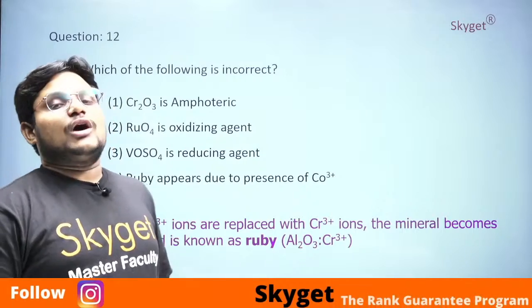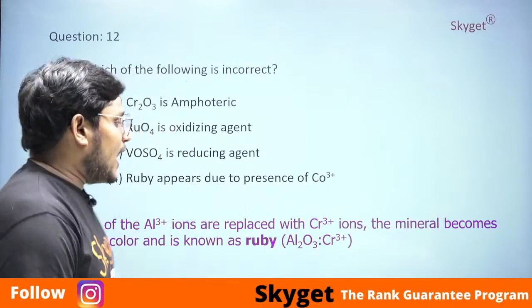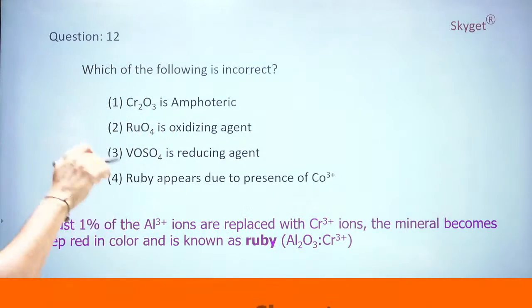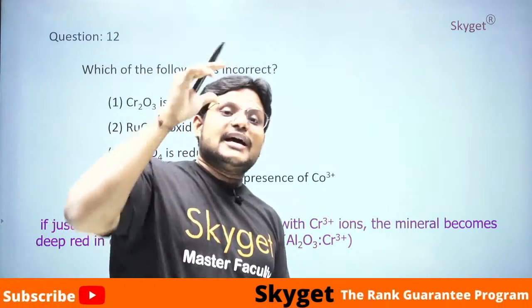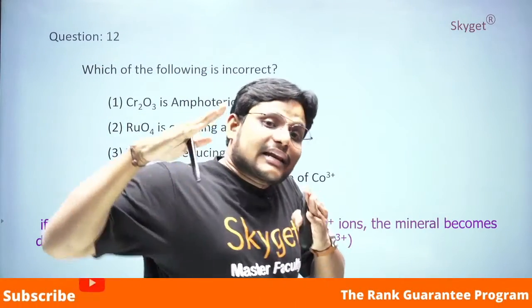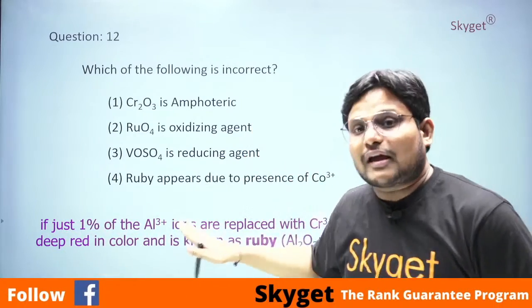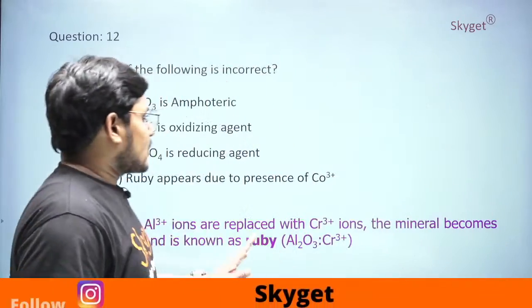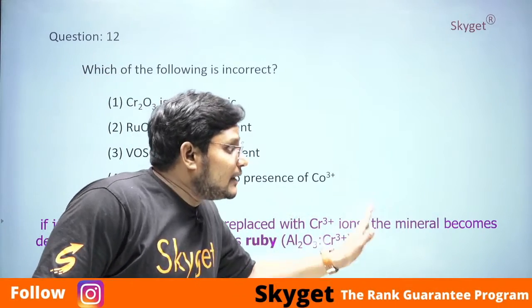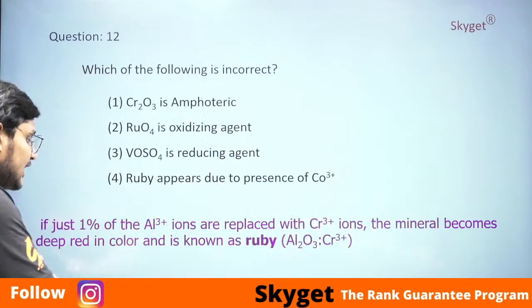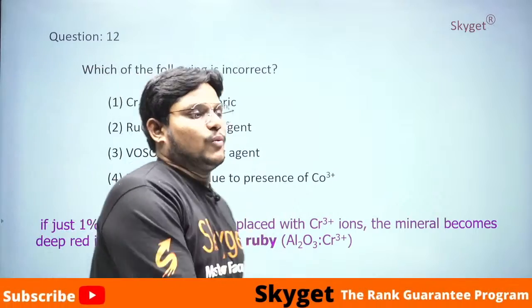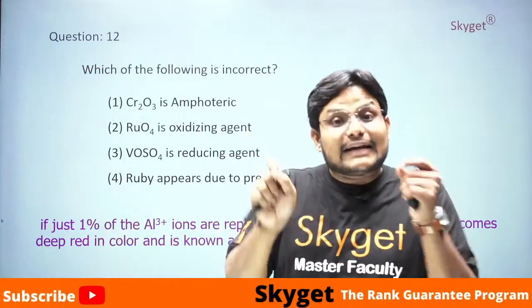It is because of Cr3+. Why? Aluminium ions are replaced with Cr3+ ions, students. If just 1% of the Al3+ ions are replaced with Cr3+, the mineral becomes deep red in color and it is known as ruby. So you are getting a red color here.